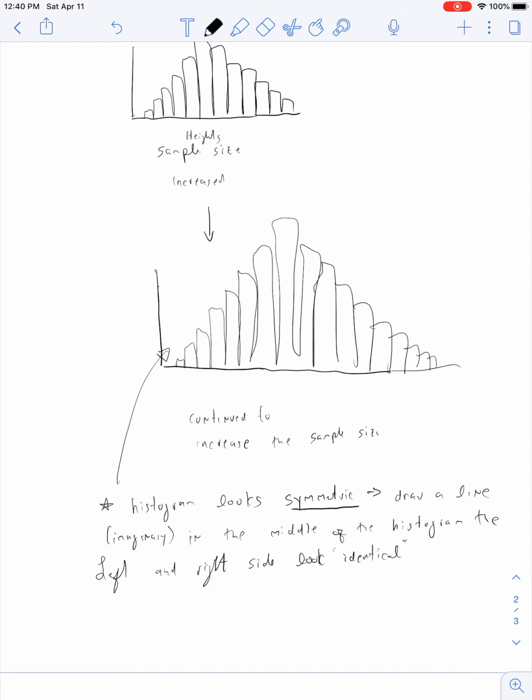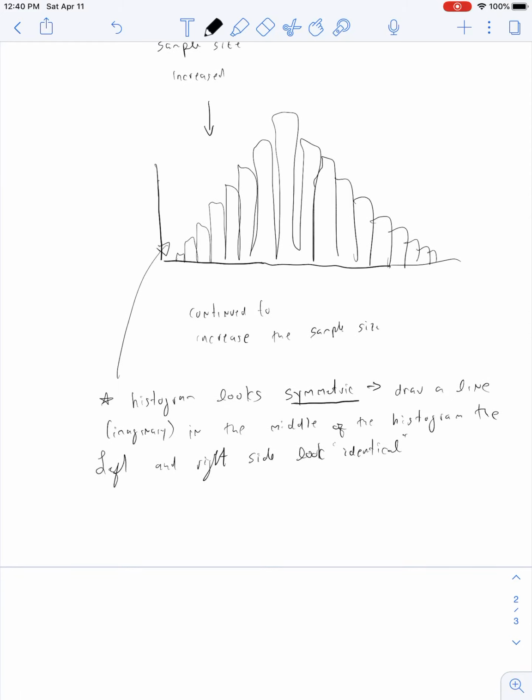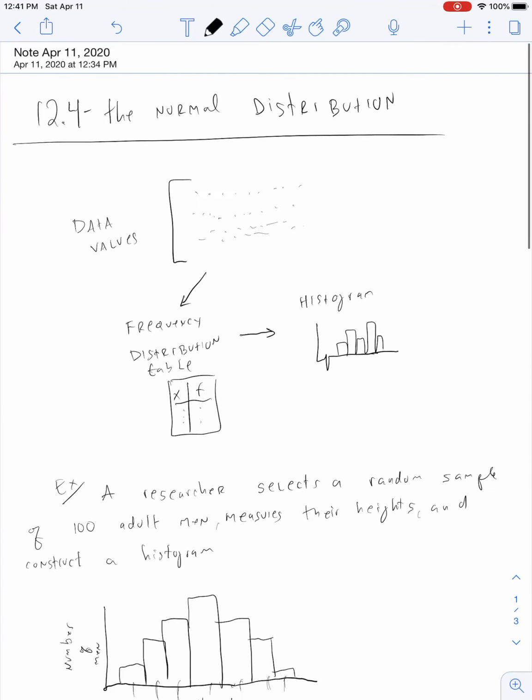When we see a histogram look symmetric, we call that a normal distribution. So a symmetric histogram is called a normal distribution, which is the title of this section.